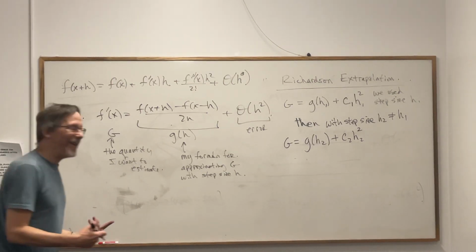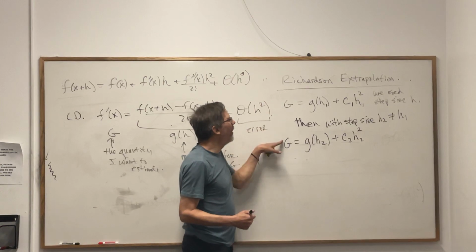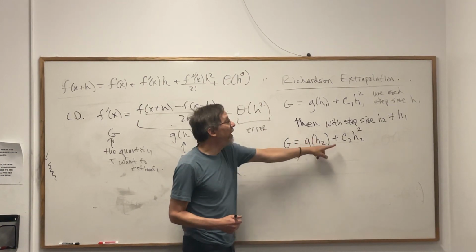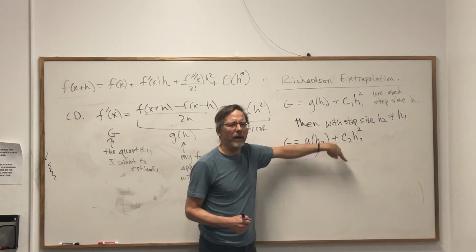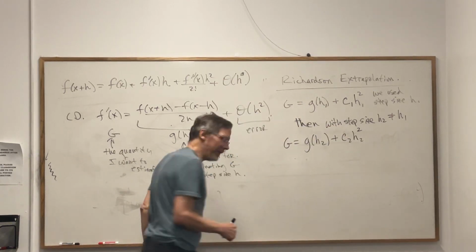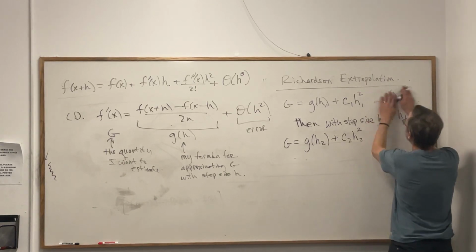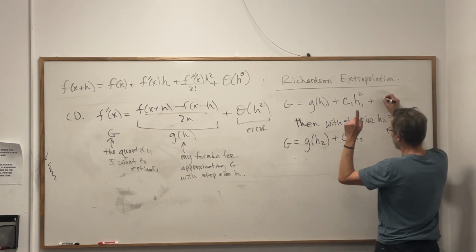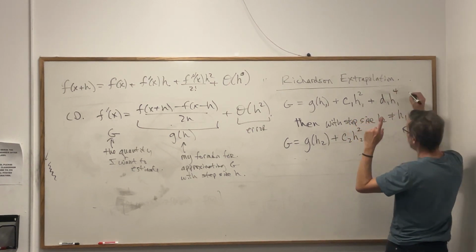So now we're going to play a game. We want G. But what we're going to do is try to cancel out this error here. And actually, let's put one more term. Can I put a d1 h1 to the fourth?